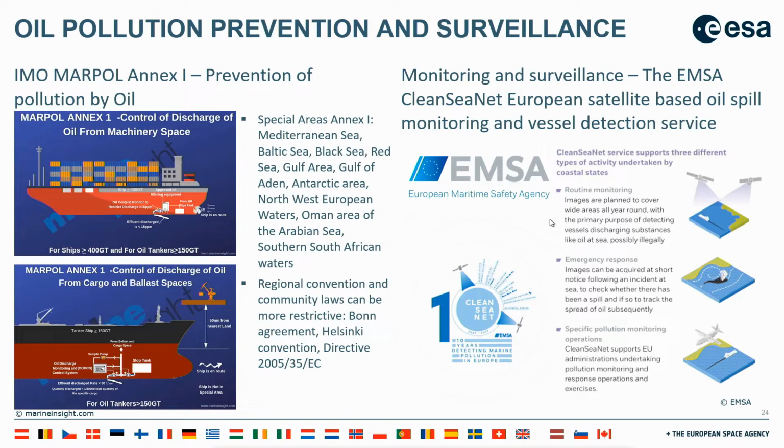Then you have also the discharge of oil from cargo and ballast space. This is a little bit more restrictive, and only applies to oil tankers larger than 150 gross tonnage. The regulation says that the ship has to be 50 miles from land, it should be en route, and you cannot discharge more than 30 liters per nautical mile when you are moving.